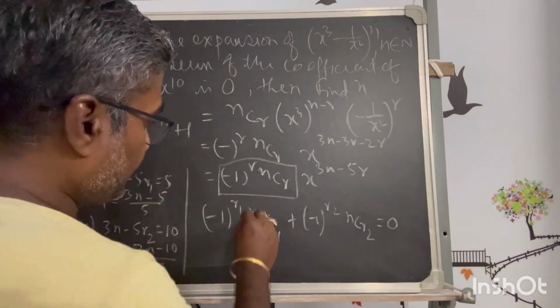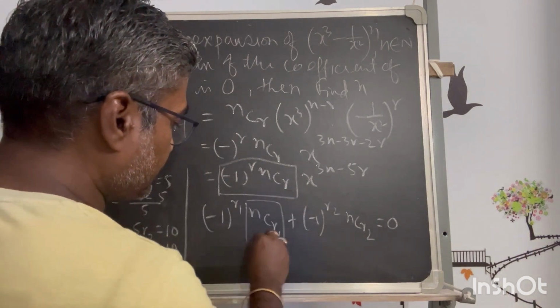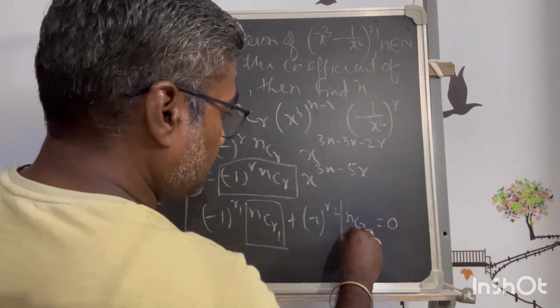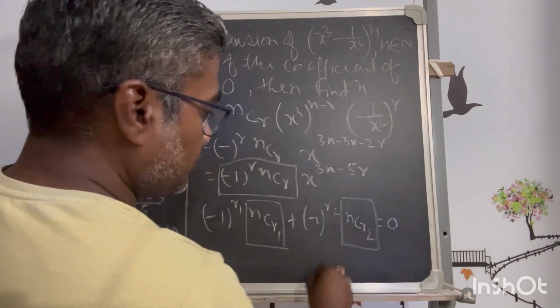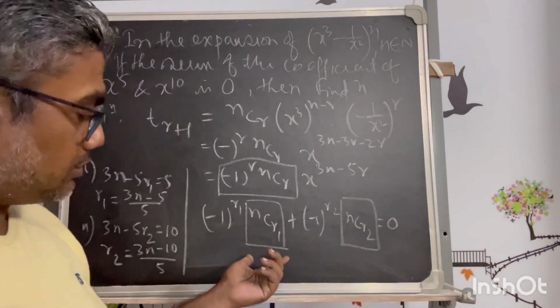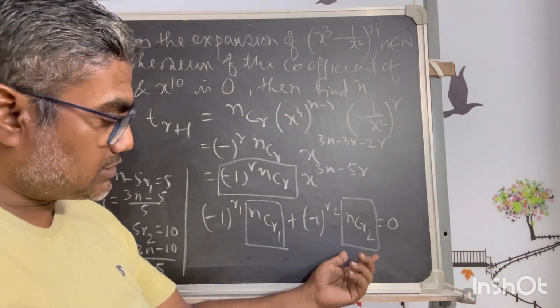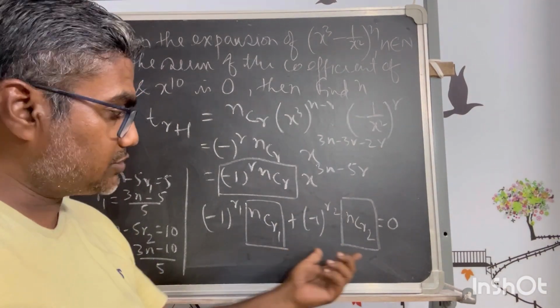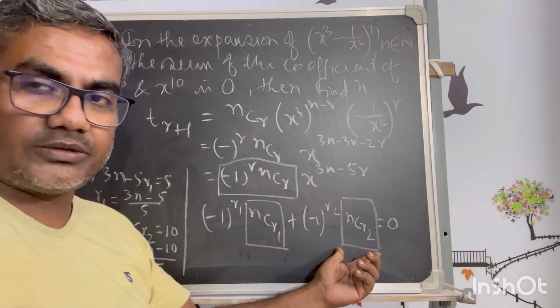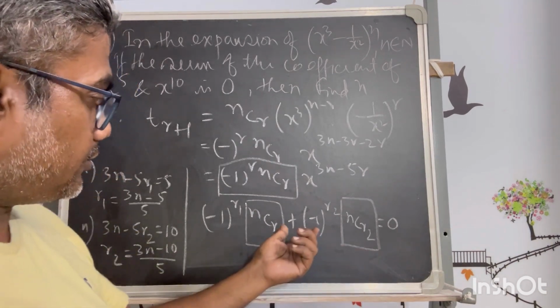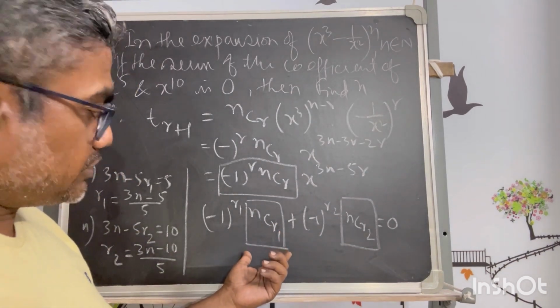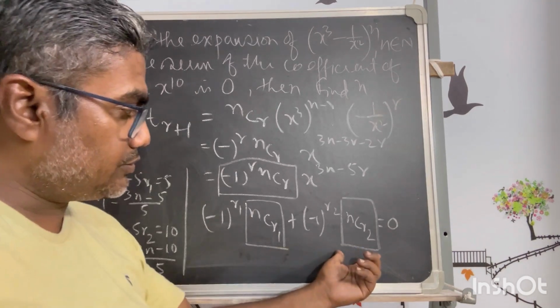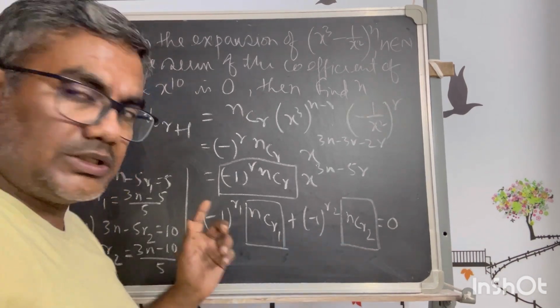Fine. Now see, if I look at these two terms, this will not give you anything to decide the negativity or positivity of the term. This is always a positive term, I mean to say. So this will give you some value, and this will only give you the sign.